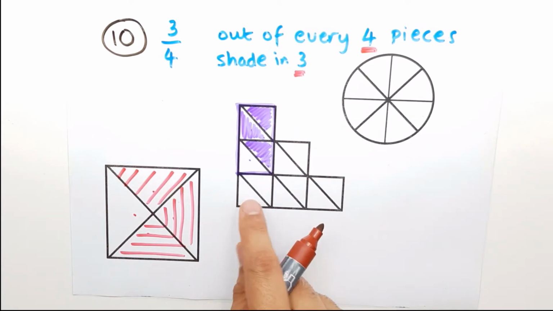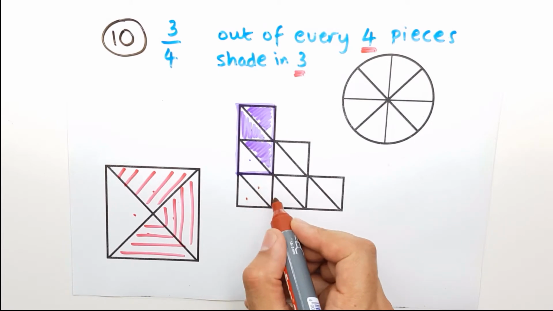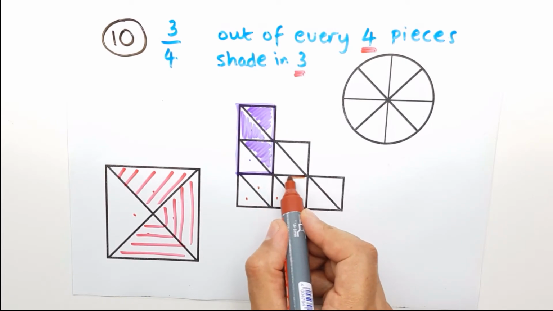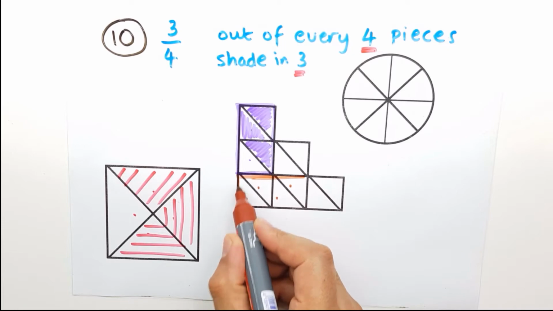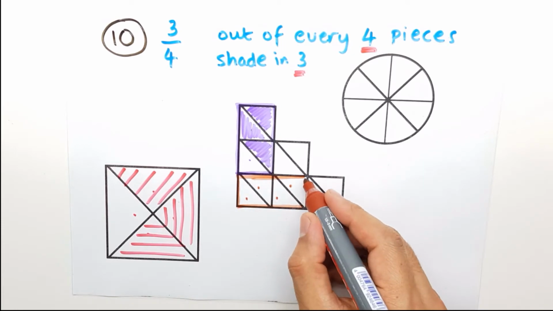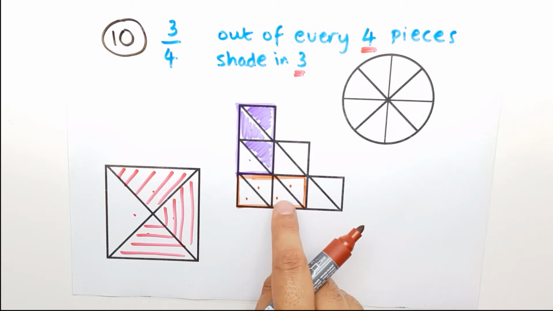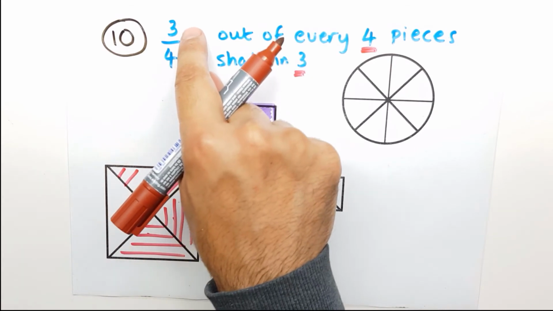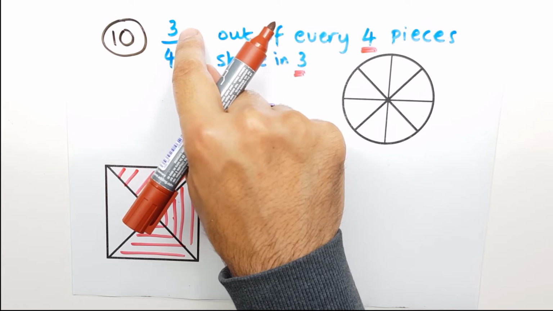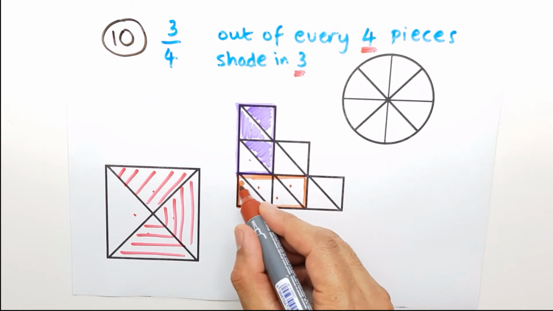Now I'm going to move on to the next 4 pieces. 1, 2, 3, 4. So that's this 4 here. Let me just put a border around these to help me. So out of these 4 pieces, I want to shade in the top number, the numerator, which is 3.